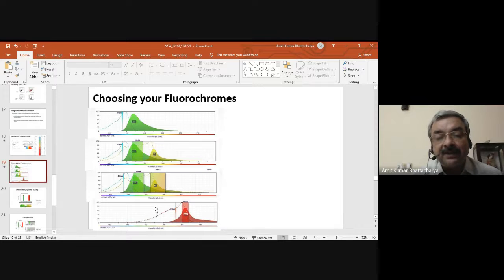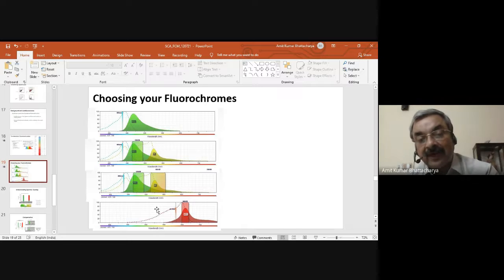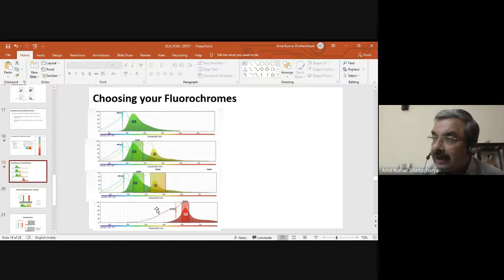This overlap problem is called crosstalk. But in a flow cytometer, first of all, you have to decide pairs of dyes to detect which should not be overlapping, and this limits the number of dyes that you can use together.